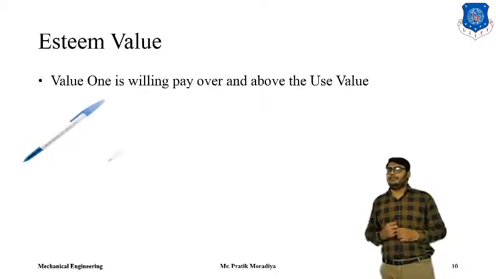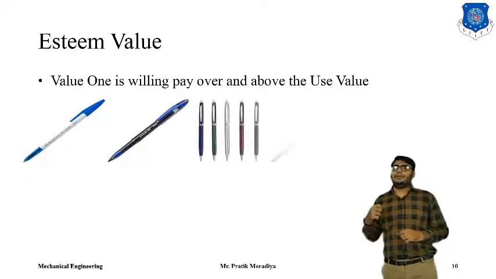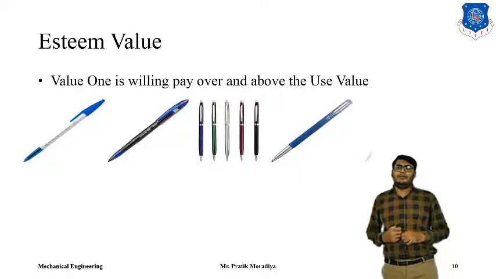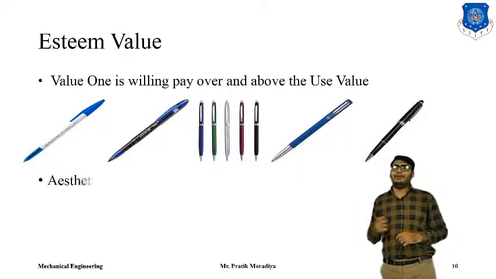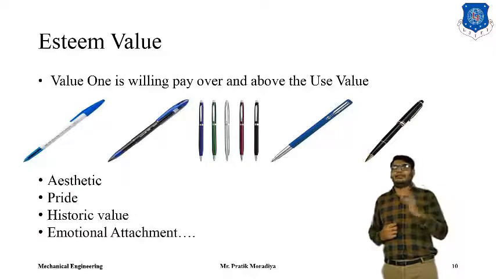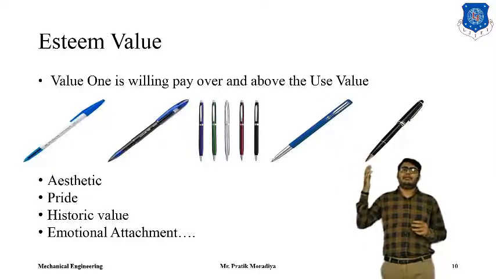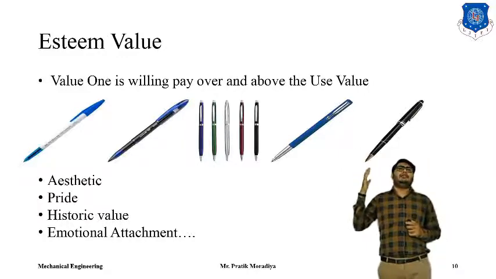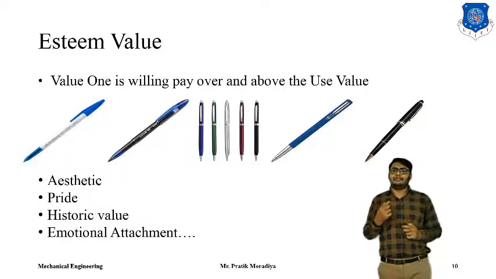So let us take our example of the pen and continue with it. All pens have the same use value, but the prices of all pens are not the same. Why? Because some of them have esteem value. Why is esteem value there? Because of aesthetics. All the aesthetics are different, and some might like this type of pen, so they will use it, and it looks elegant and classy.